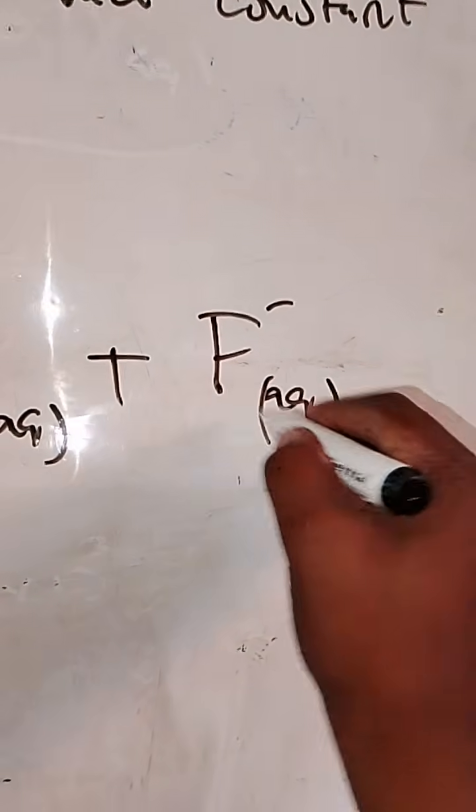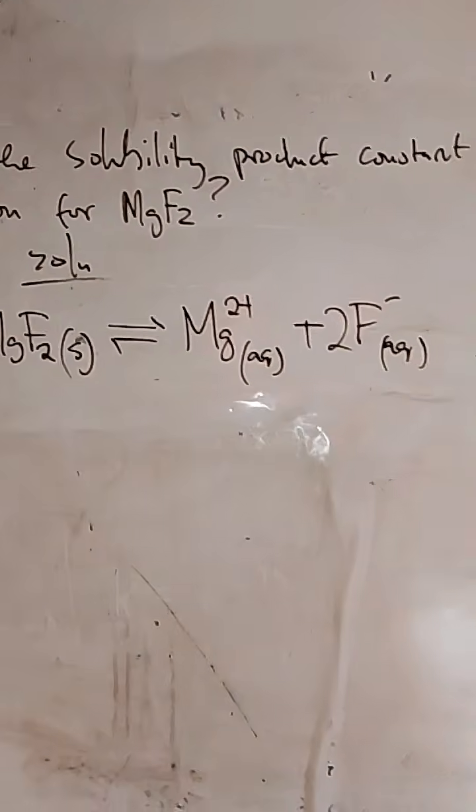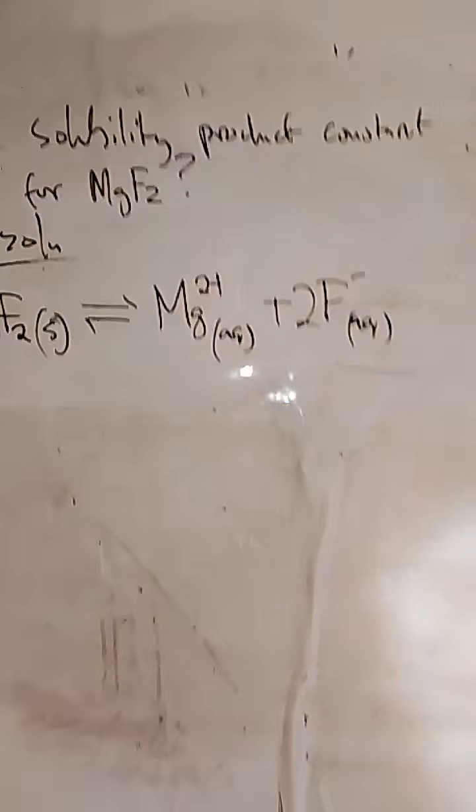Since there are two fluorides, this is the balanced equation.